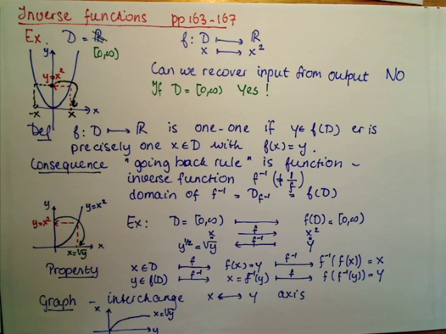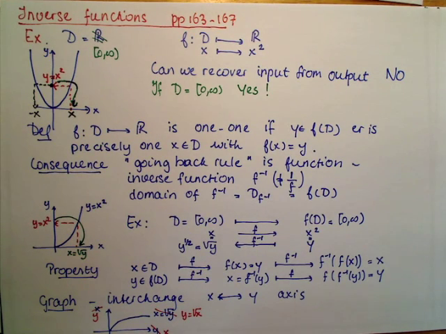But of course, in general, we denote input variables by x and output variables by y. So we replace y by x and x by y, and then we get also y equals square root of x.